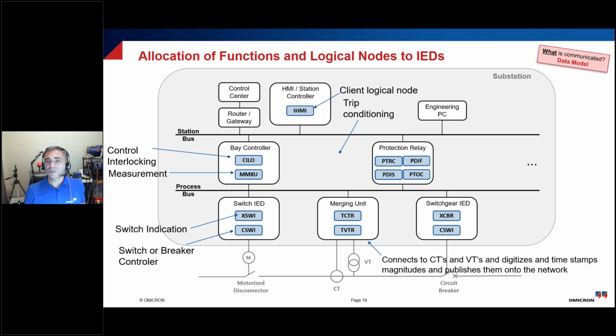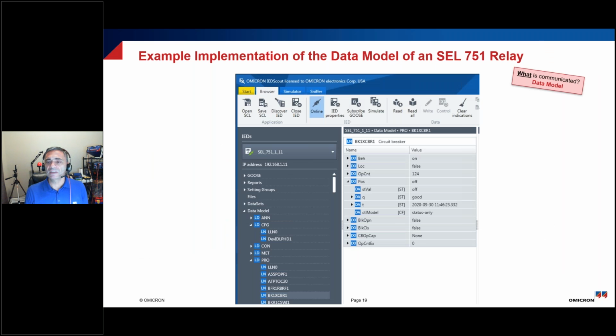If we took a look at the real world right now, we could see that there is a vendor out there. They're a large vendor in North America called Schweitzer Engineering Laboratories, and one of their relays, one of their protected devices is called a 751 relay. And if we took a look at its data model, we'd see that there would be a physical device, the IED, and there's its IP address.